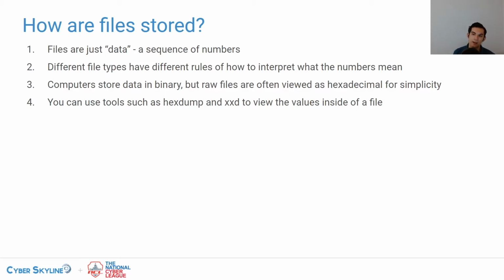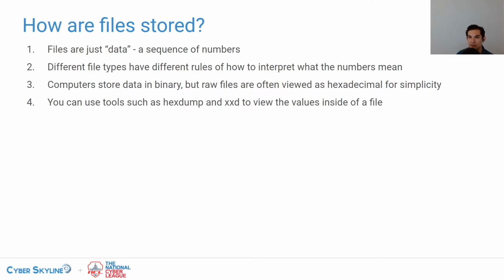It goes 0, 1, 2, 3, 4, 5, 6, 7, 8, 9, A, B, C, D, E, F. The reason we use hexadecimal rather than our normal numbering system, decimal, is that hexadecimal has 16 values for every single character, and that's a power of 2, which makes things a lot easier because of math. That's a simple explanation. Decimal is base 10, which is not a power of 2. So if you use hexadecimal, you can represent data a lot more efficiently than using binary, and that's why you typically use hexadecimal to represent the values of files.